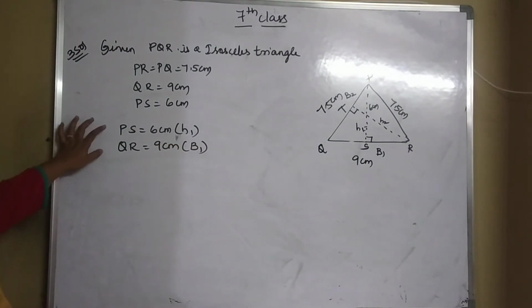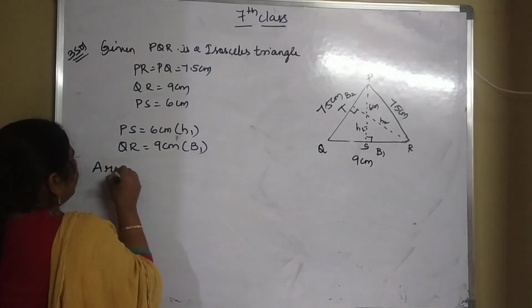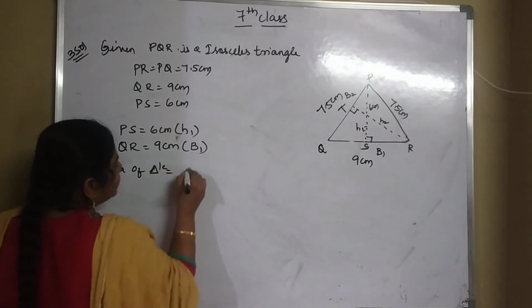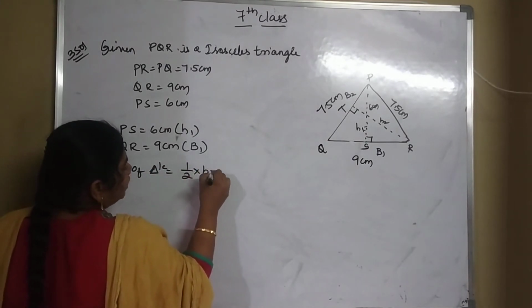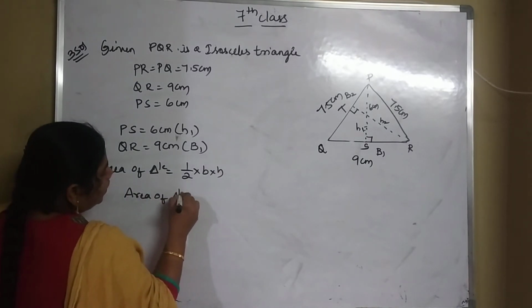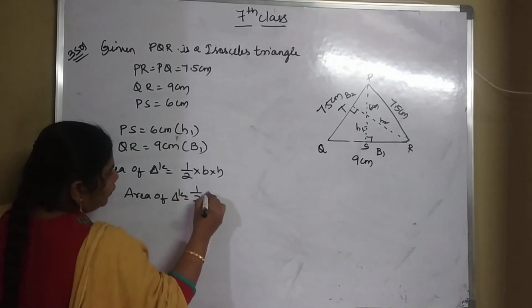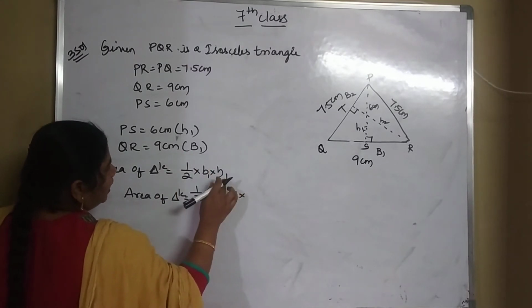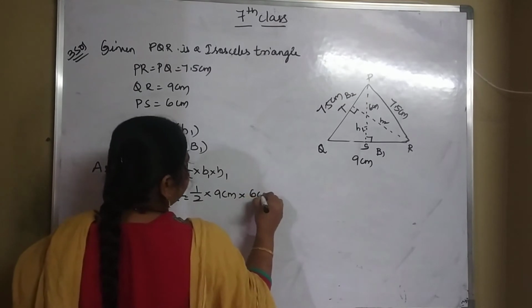So by using these two I am finding the area of a triangle now. So what is the area of a triangle? Area of a triangle is equal to half into base into height. So area of triangle is equal to half into base 1, which is 9 centimeters, and height 1, which is 6 centimeters.